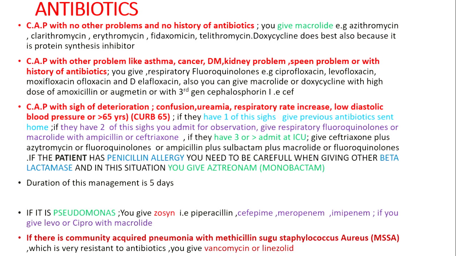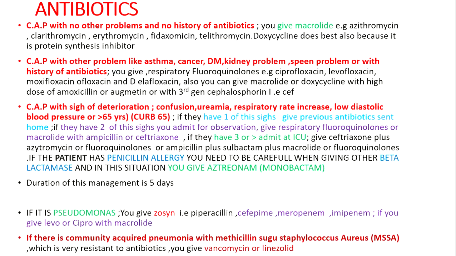So what will you do when a patient is allergic to penicillin? You just keep a monobactam, and preferably what we call aztreonam. Aztreonam is the preferred one when a patient is allergic to penicillins. It is a kind of beta-lactam, which is a monobactam. So that's the preferred one when a patient is more reactive to penicillin.